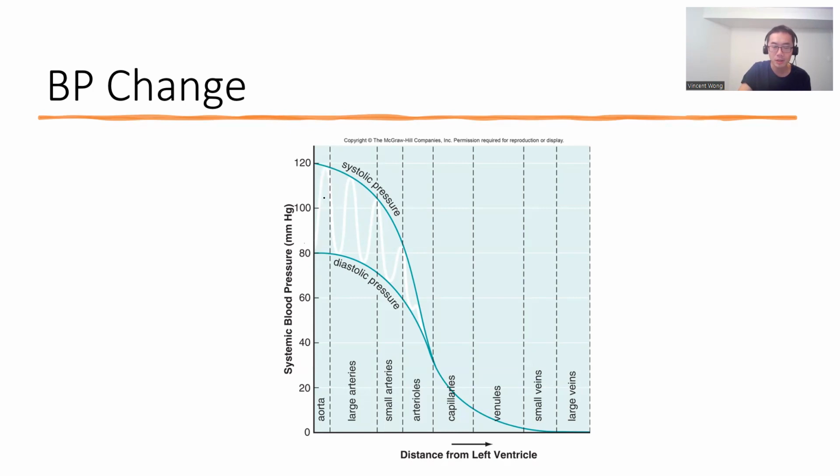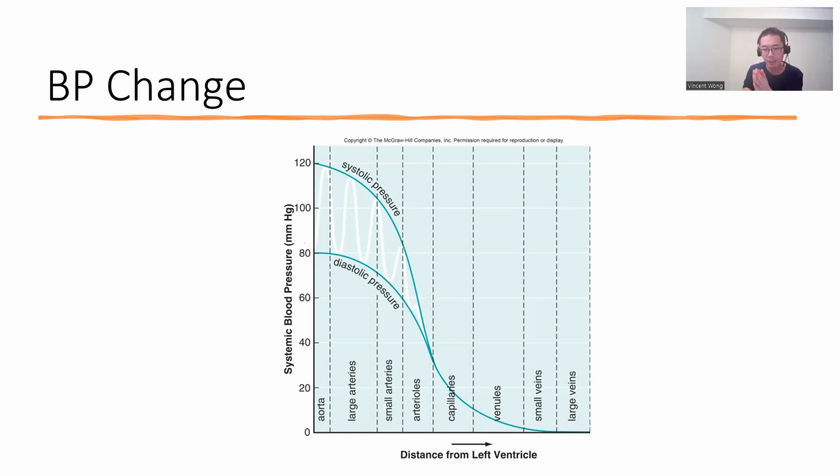But what's interesting is you can see the fluctuation eventually disappears. When you get to the capillaries, it's just one single pressure. That means when the blood is in the capillaries and beyond, you are so far away from the heart that you no longer feel the effect of the contraction and the relaxation.